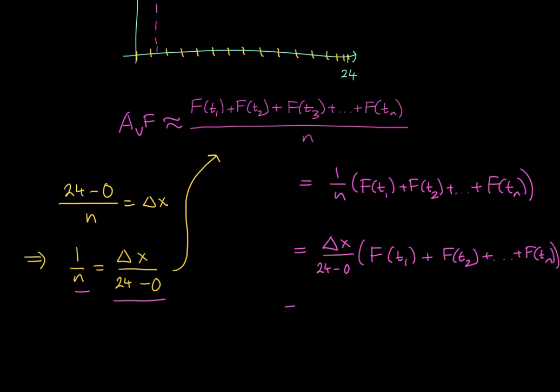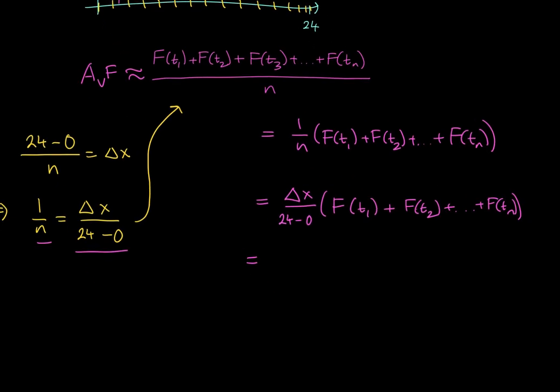But wait a second, that's the same thing. If I distribute this delta x, I'll have 1 over 24 minus 0 times the sum. I'll cut to the chase here. The sum, as k ranges from 1 to n, of f of t sub k times delta x sub k.